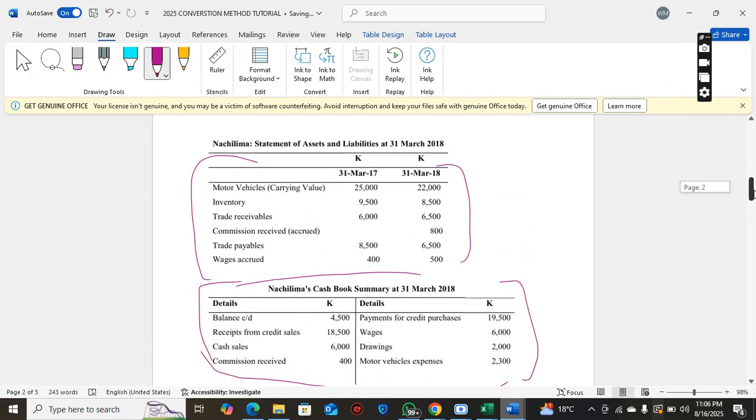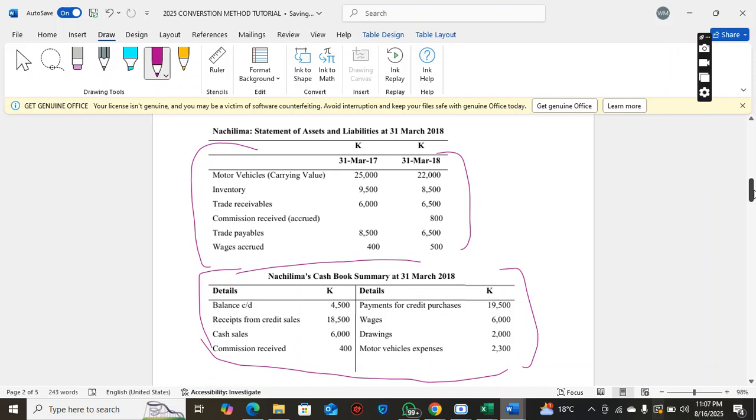With incomplete records, you have to look through all the information. So you come here to your trade payables first. We've got this information here.